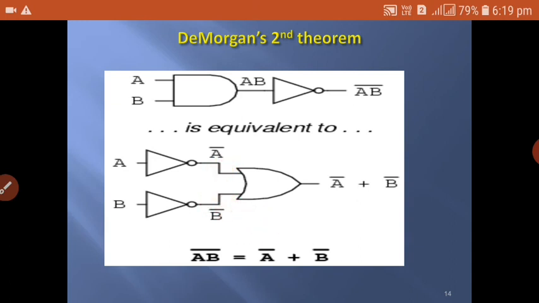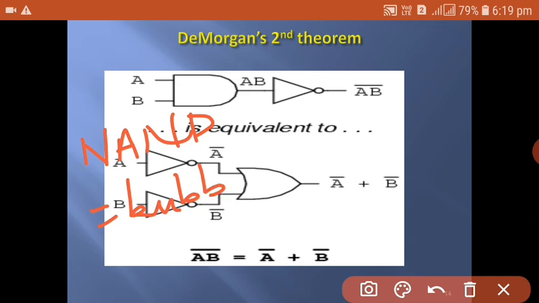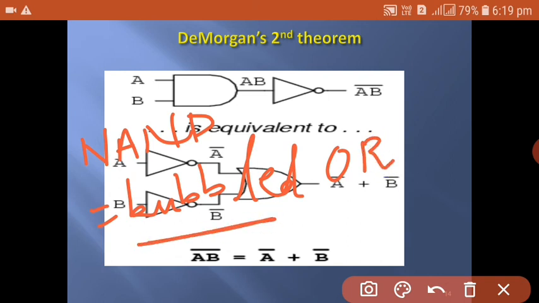So according to De Morgan's second theorem, I can say NAND is equal to bubbled OR gate.